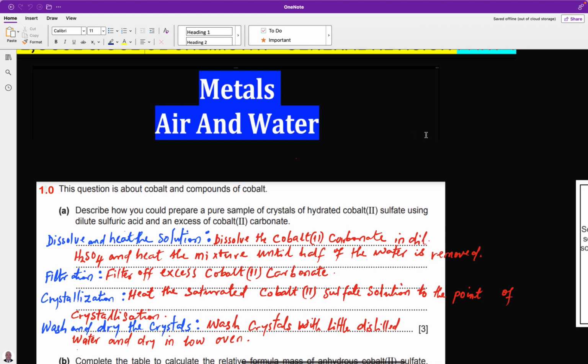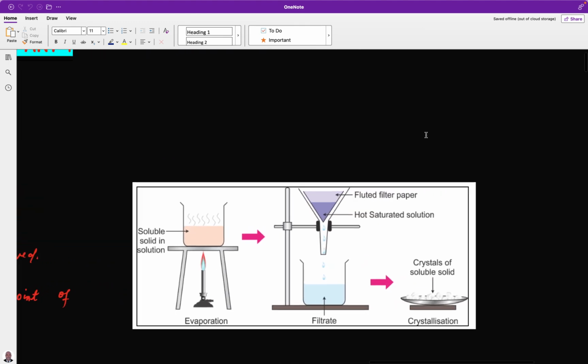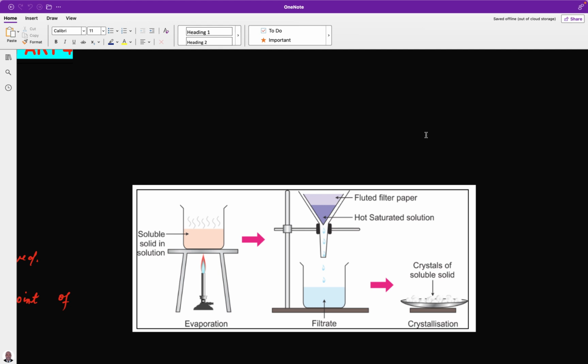So precisely using this diagram here, in this beaker here, we have dilute acids. You now put in cobalt-2 carbonate.